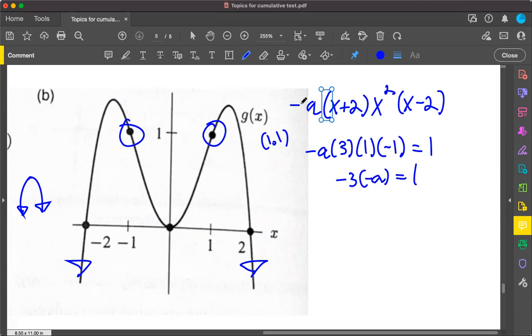I could have easily just left this as a positive a, but I saw the writing on the wall and I used my judgment to say that it should be negative, but you'll even see here it doesn't really matter. I would have gotten this answer anyway, because I'm claiming that positive 3a equals 1, so a equals 1/3.